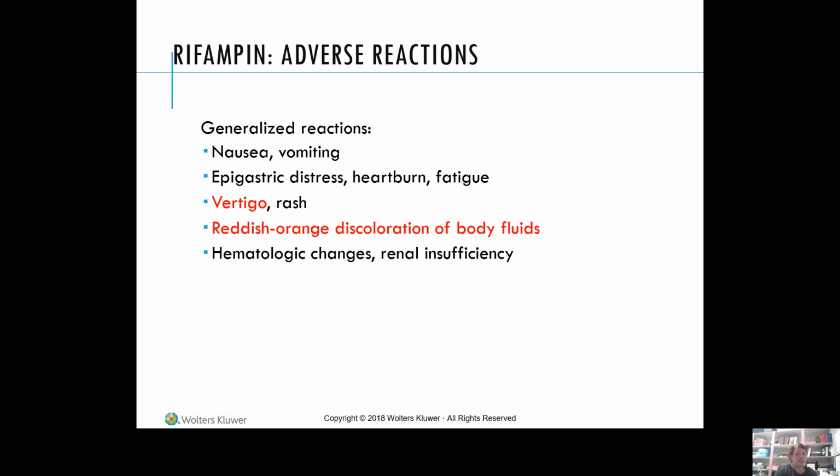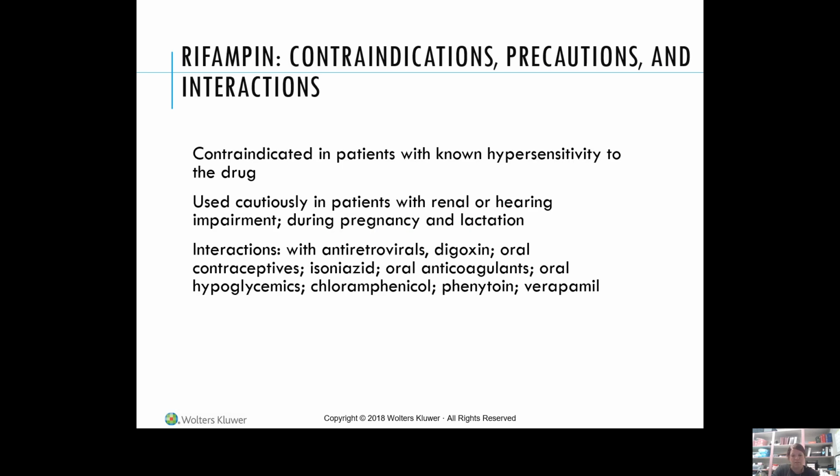It's not just the urine, other body fluids as well. So it can cause a little bit of discoloration to contact lenses. You don't have orange stuff running out of your eyes, obviously, but it can cause some of those changes. And it can also cause some vertigo, in addition to those epigastric issues that our other antibiotics are causing.